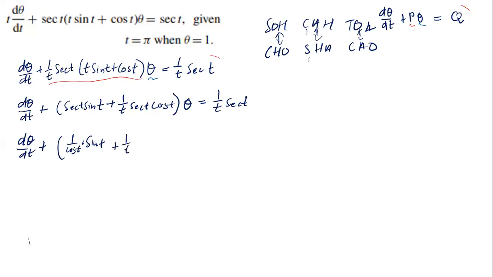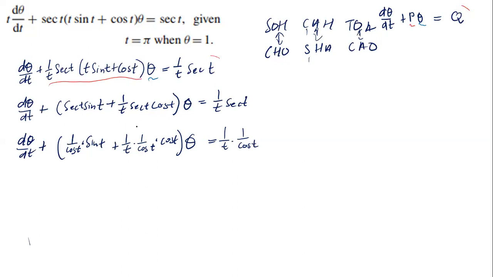Plus 1 over t. What is sec? We now know that sec is the reciprocal of cos, right? Which is going to be multiplied by 1 over cos t multiplied by this cos t, close bracket, theta equals 1 over t multiplied by 1 over cos t.